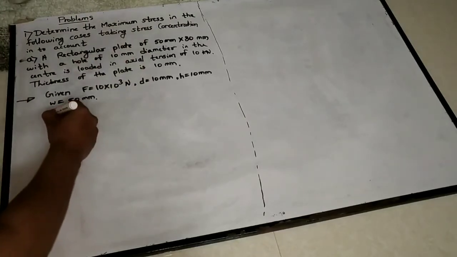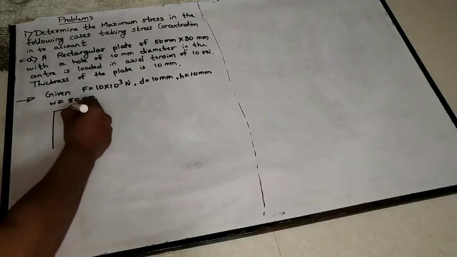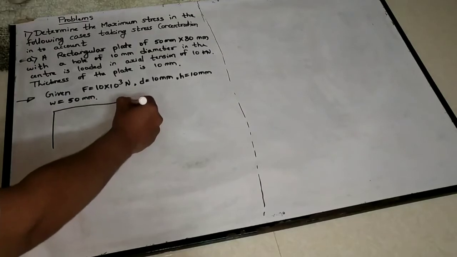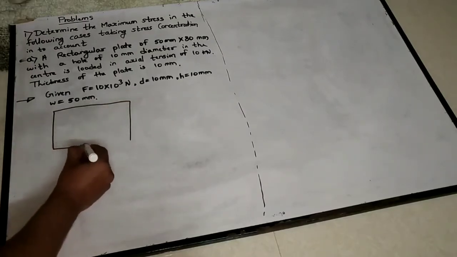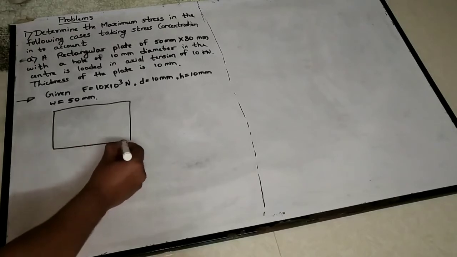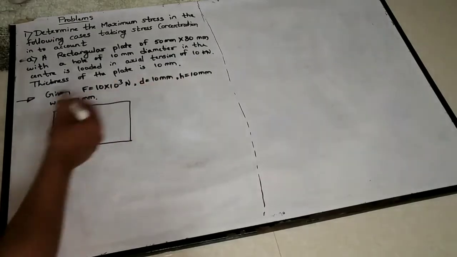A rectangular plate of 50 mm into 80 mm. So first I will draw a rectangular plate. Don't worry about this small d, h and w.